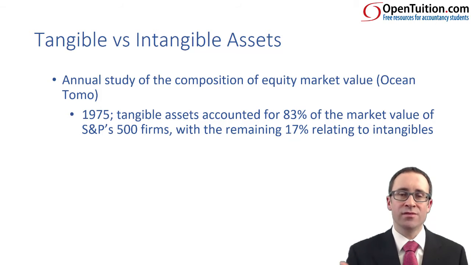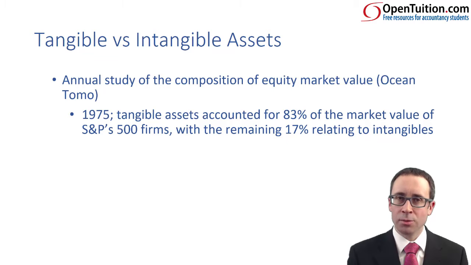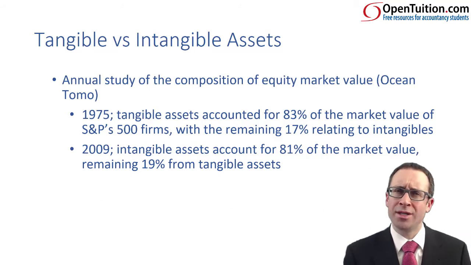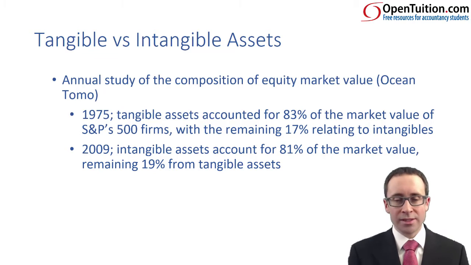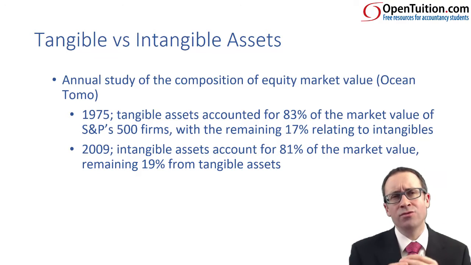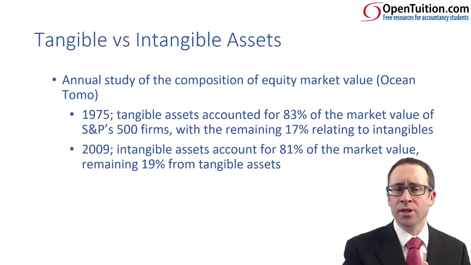In 1975, you can see that the value of your tangibles far outweighed the value of your intangibles. But look what's happened now. We move into, I wouldn't say the present day, because 2009 is quite a while ago, isn't it? You can see that businesses have changed. There's less reliance on tangibles and more focus on intangibles, aren't there?